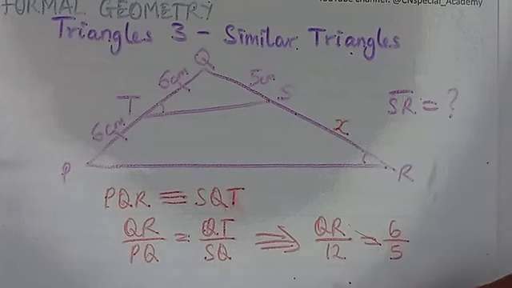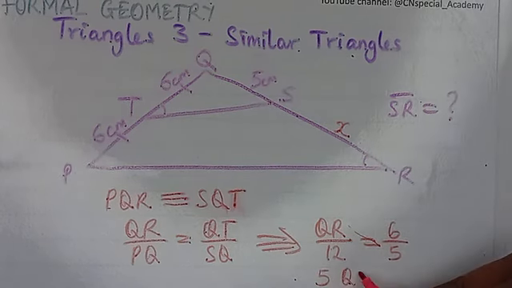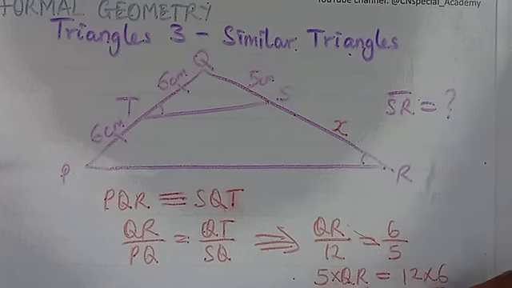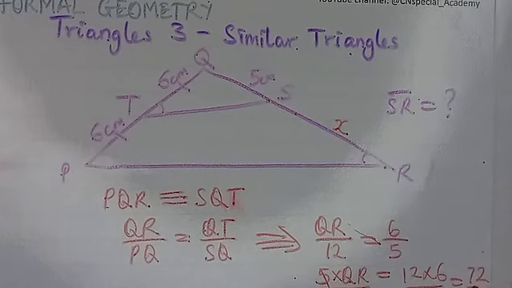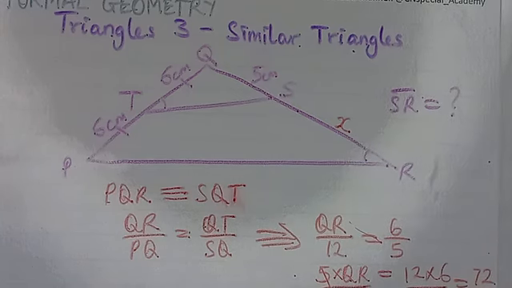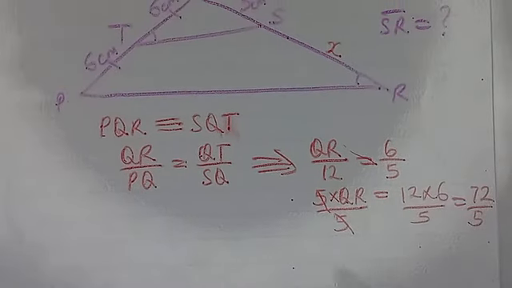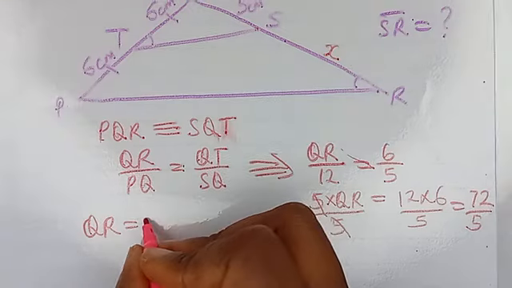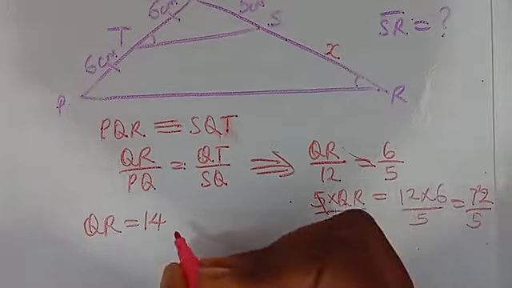Remember we just cross multiply. You see how easy it could be to solve? When we cross multiply, we have that 5QR is equal to 12 times 6. We divide both sides by 5. We have that QR is equal to 12 times 6, that should be 72, over 5. 5 into 7 is 1, remainder 2. 5 into 22 is 4, remainder 2.